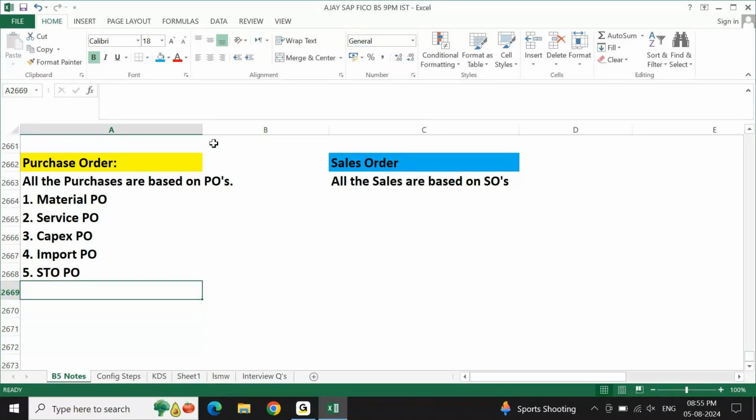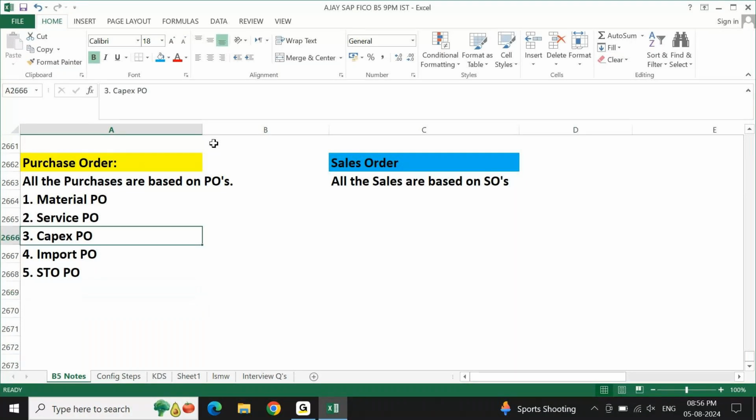Don't blindly remember that purchase order means purchase order. Within the purchase order, there may be material purchase order, service purchase order, capex purchase order, import purchase order, STO purchase order, stock transport order. It can be anything.